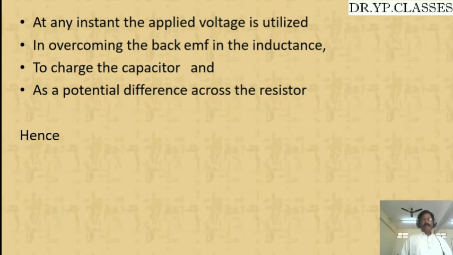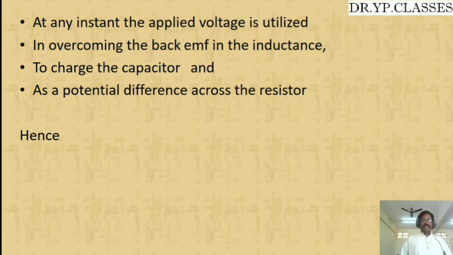So a part of the voltage applied is overcoming the back EMF in the inductance, another part is utilized to charge the capacitor, and the remaining part appears as a potential difference across the resistor. So the applied EMF is in three parts now.